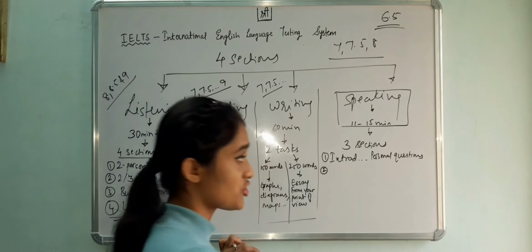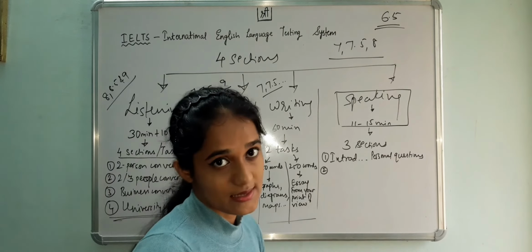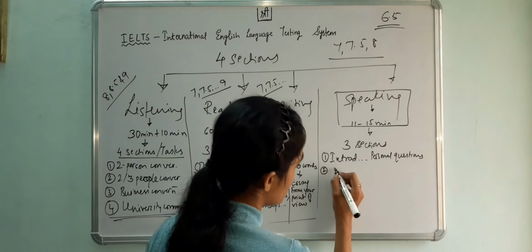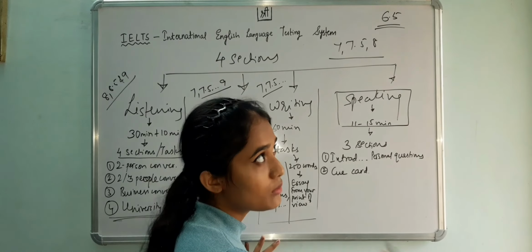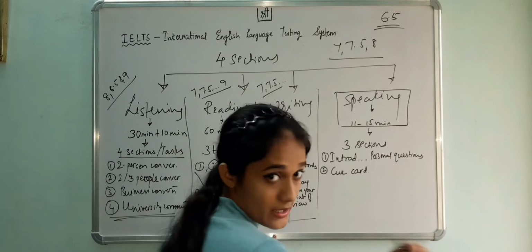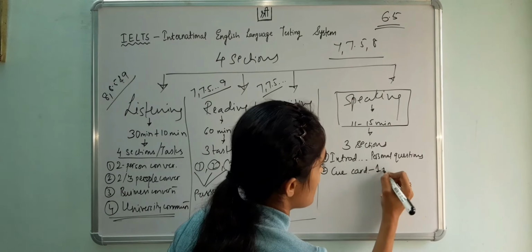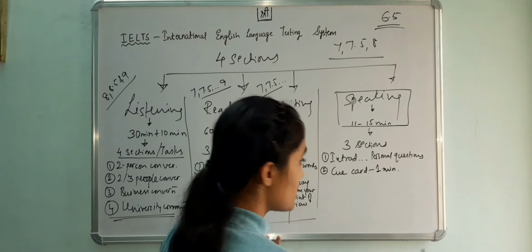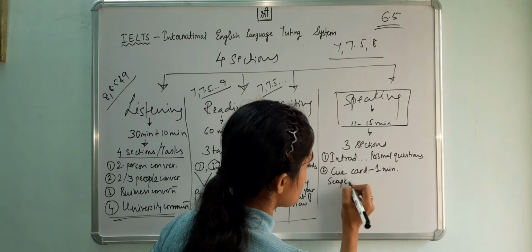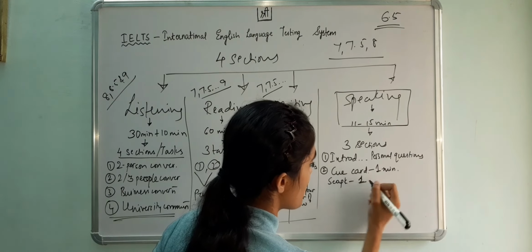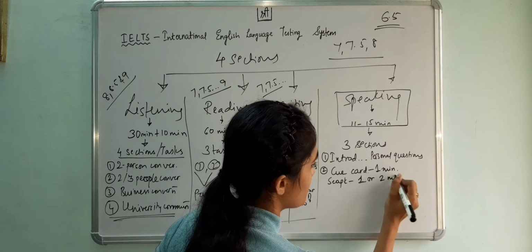Then the second section, the second task, they'll give you a cue card. Based on this cue card, you will get 1 minute of time to prepare the content on it, and then you'll have to speak about it for 1 or 2 minutes.